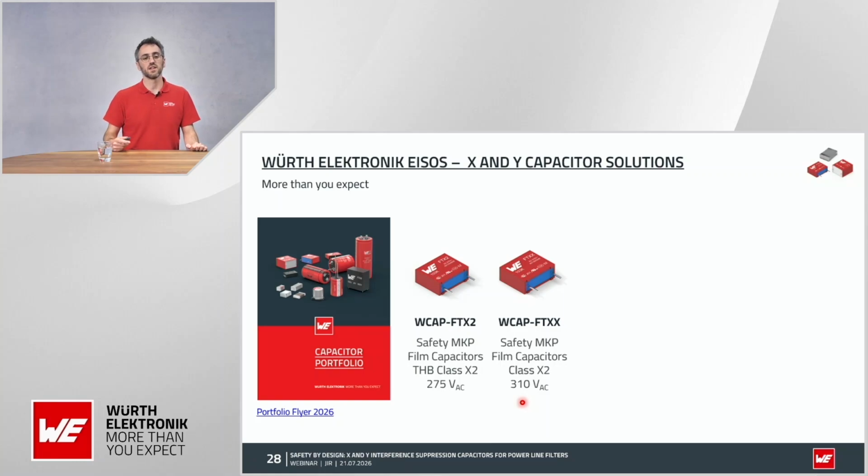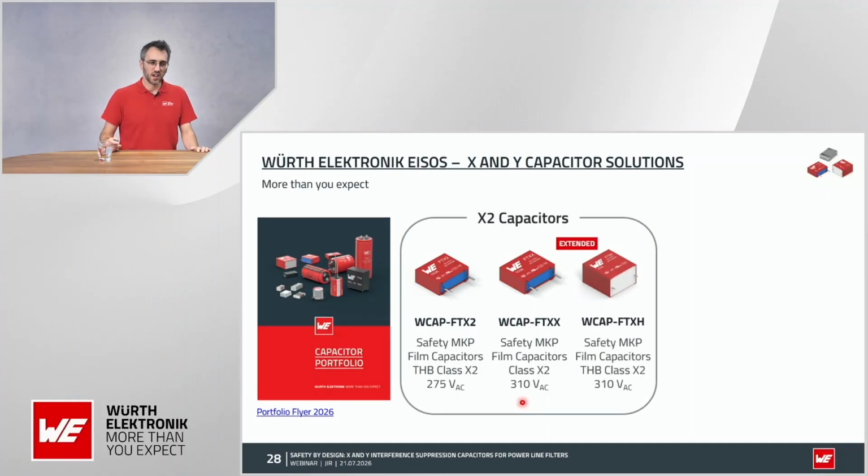These are the regular, very compact, small-sized metallized film capacitors. Now, we also have a little bit larger and of course with a different structure, different construction. We have our THB type metallized film capacitors, also with 310 AC.